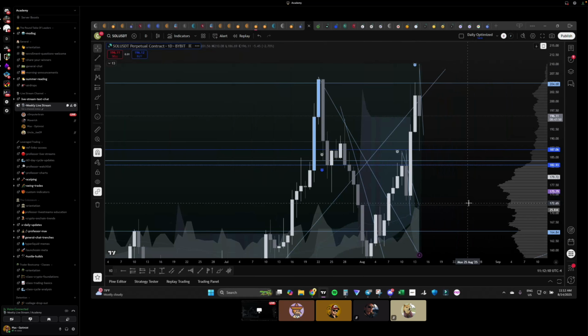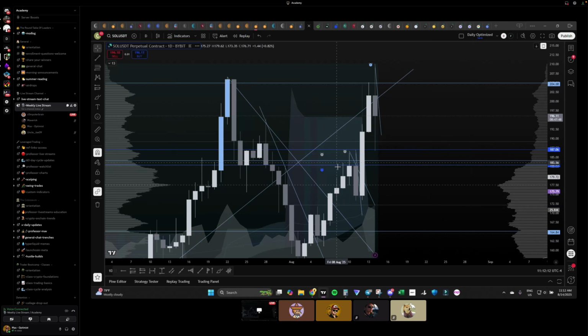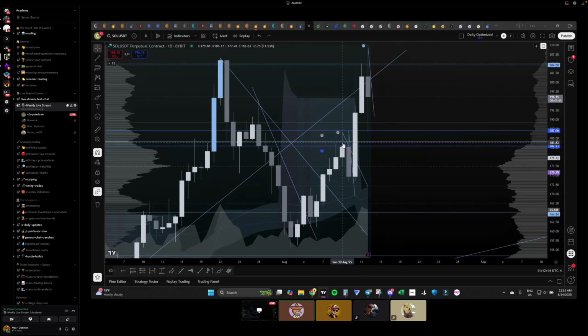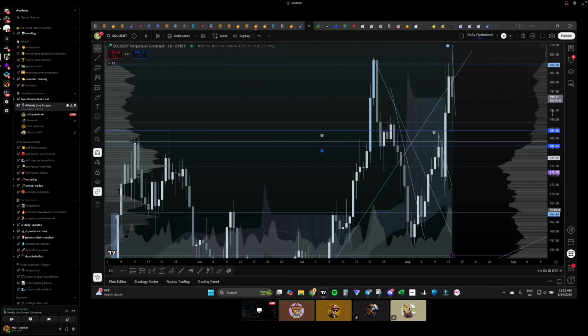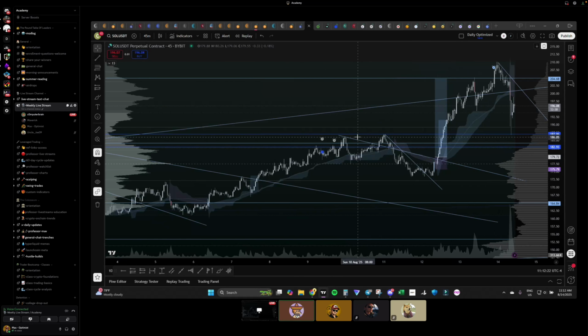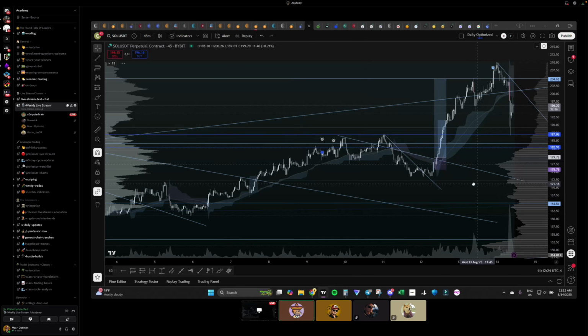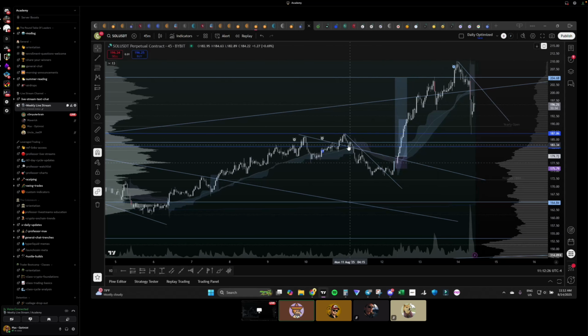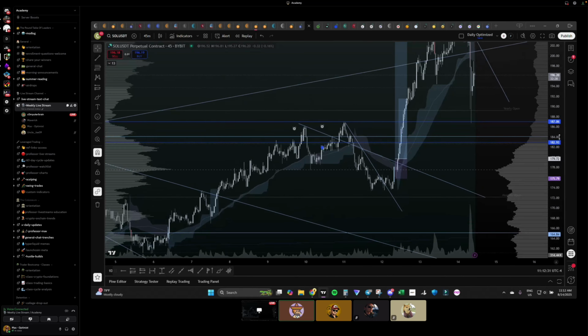Basically, the gist of this is, we were reclaiming a high time frame level here. I know my chart's a little bit messy, but this downtrend I thought was really well pronounced, and it was right above this level that we had already tapped. 184, call it, I think is really key on Solana.